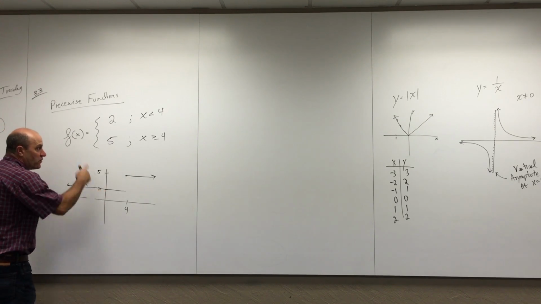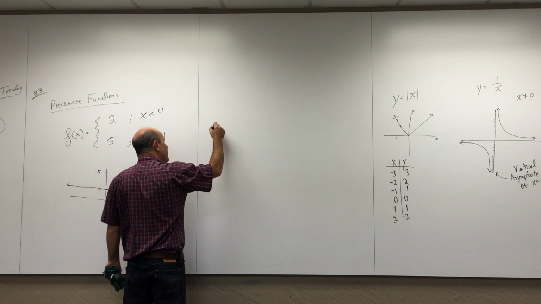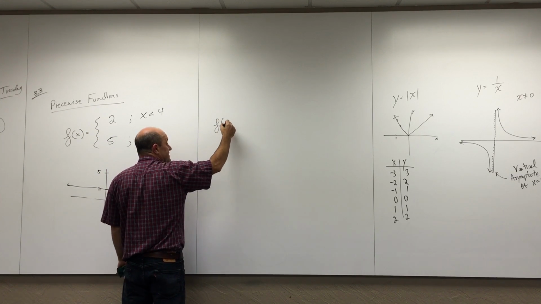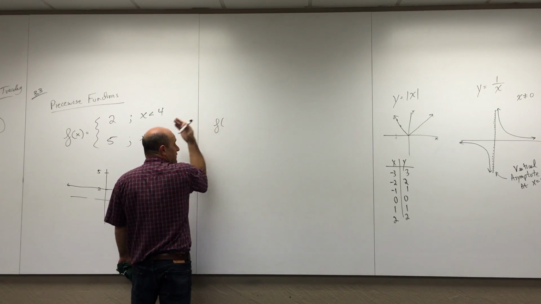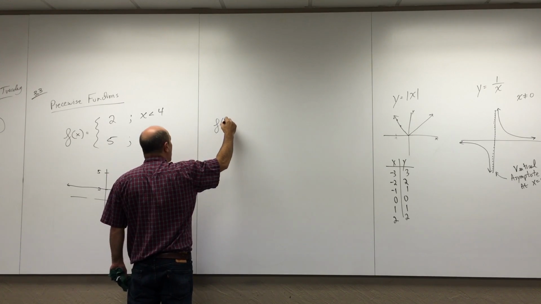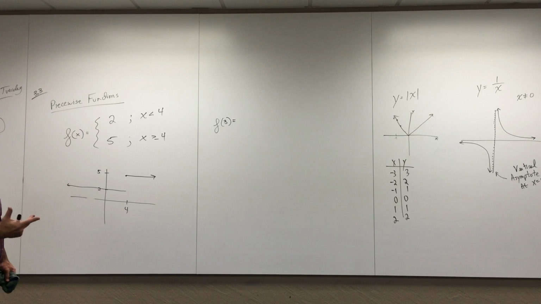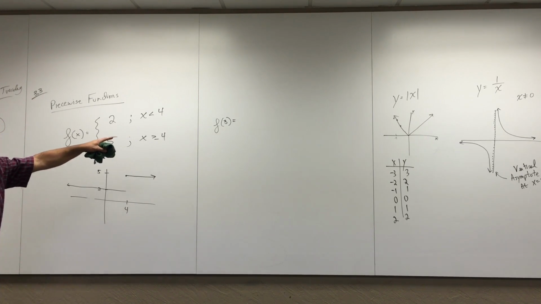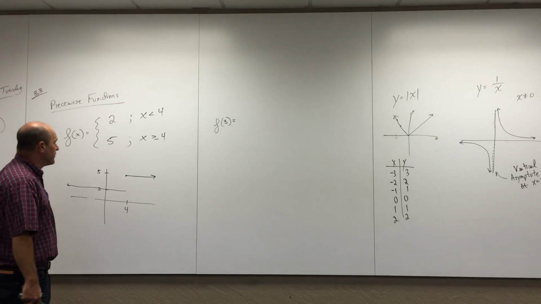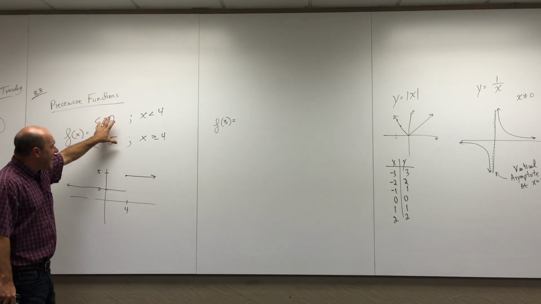Let's see. If I was plotting points, what if I asked you this question? Sometimes this is a cool question on a test. I give you a piecewise function and I say, what's f of 3? That means you're plugging in a 3. You've got to know how to read this math. So your x is a 3, and if you're plugging in a 3, don't look at that yet.